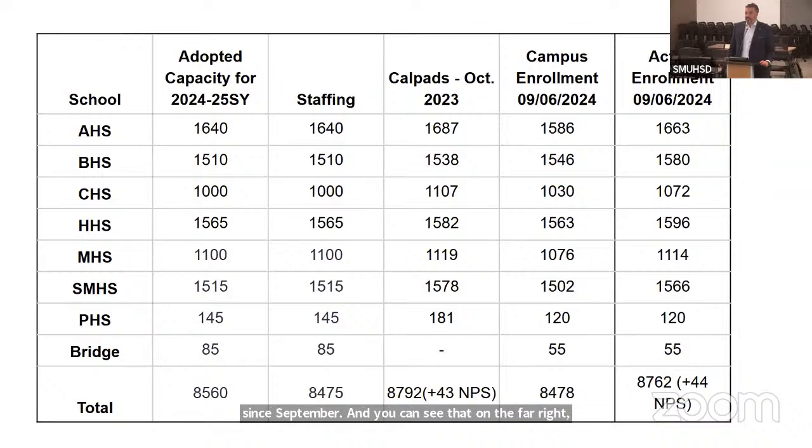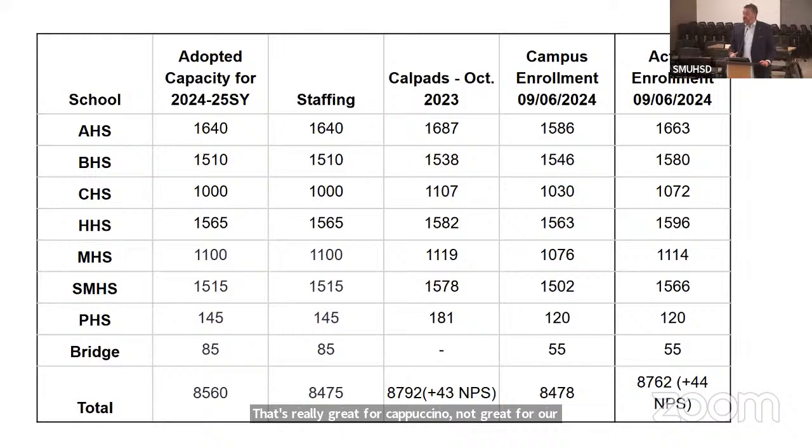Some schools like San Mateo are up about 50 students, and others are right on the mark, like Mills. And then some, Capuchino came in much higher than we anticipated. That's really great for Capuchino, not great for our projections. We'll try to do a better job in that regard.